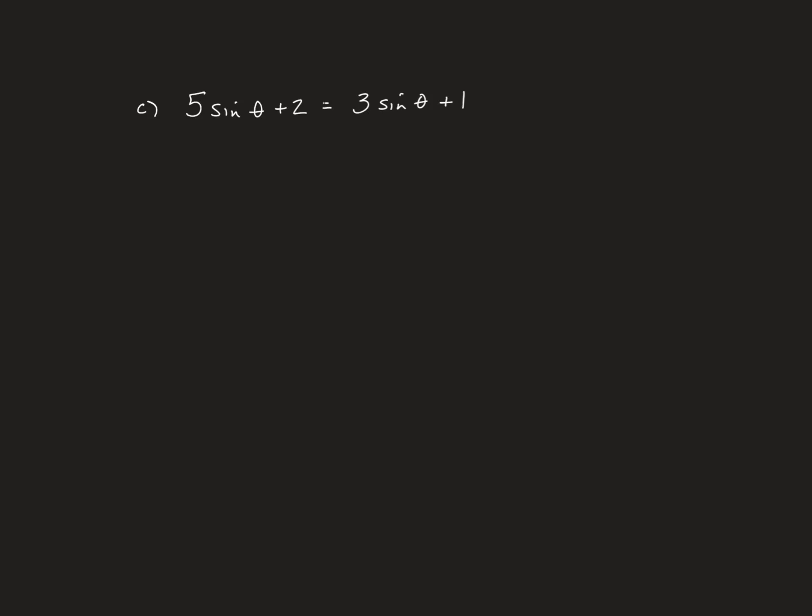When you take a look at the equation given in C, you'll notice what I was talking about, where our trig ratio is not isolated. When you take a peek, you'll notice that we have a sine theta and a sine theta. My guess would be most people would be okay to work through this problem even with no guidance from me. What we're going to look to do is isolate our trig ratio.